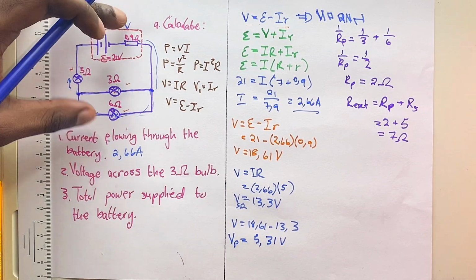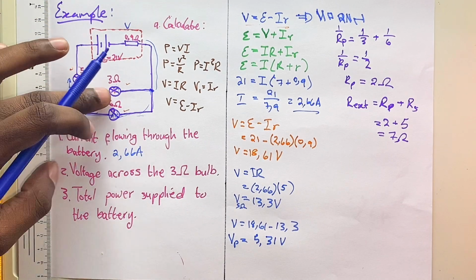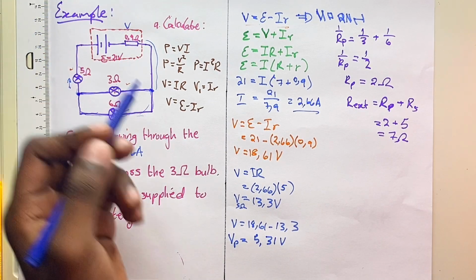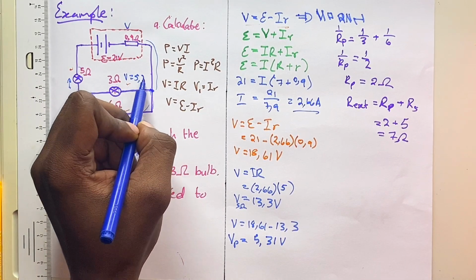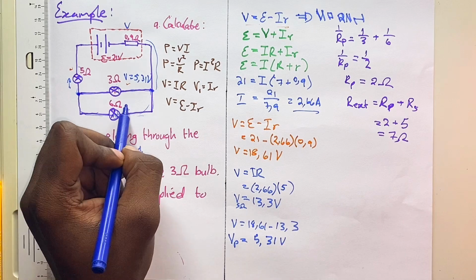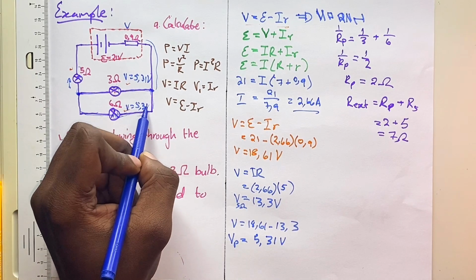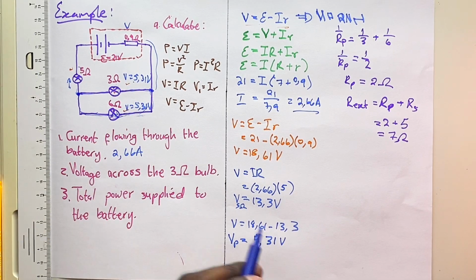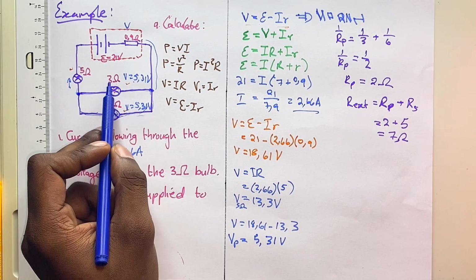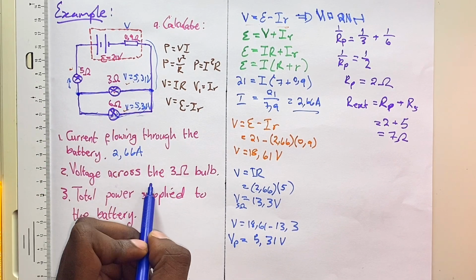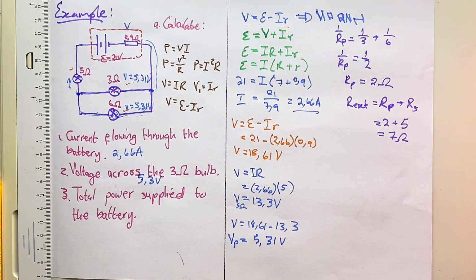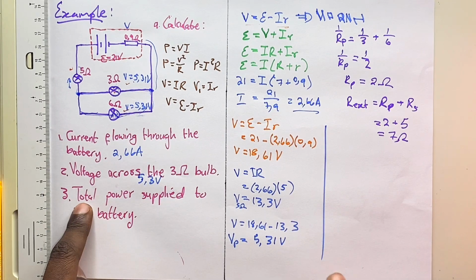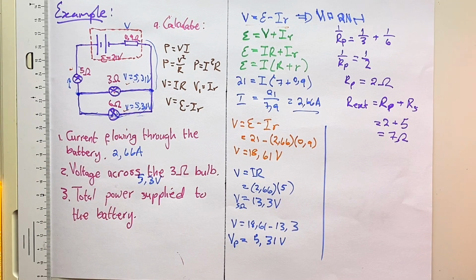Now I'm subtracting the 5 ohm from the total, meaning I'm left with the parallel, which means that this experiences 5.31 volts and this one experiences 5.31 volts. So that means that the voltage across the 3 ohm bulb is 5.31 volts.